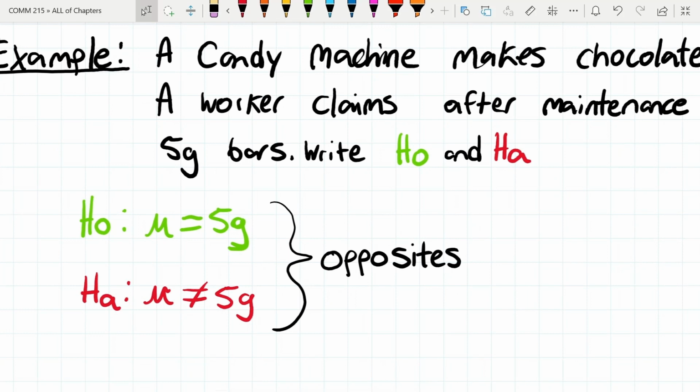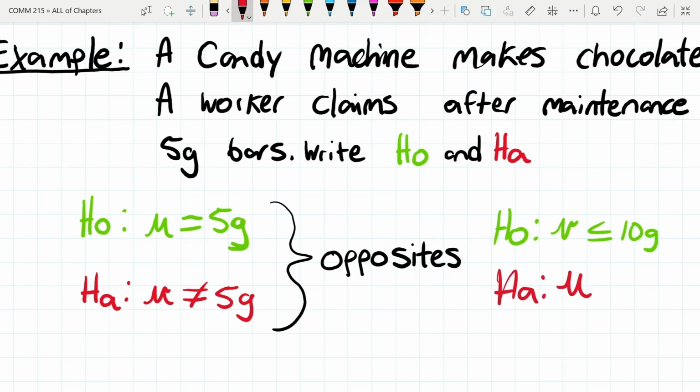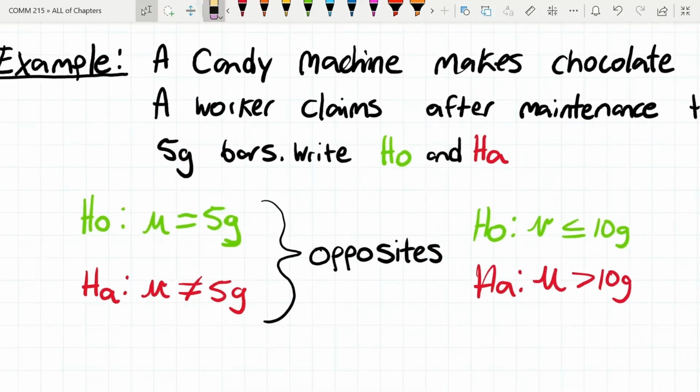Another example is if our H0 is mu less than 10 grams, our HA has to be the opposite. So mu would be greater than 10. That's pretty much how our null and alternative hypotheses work.